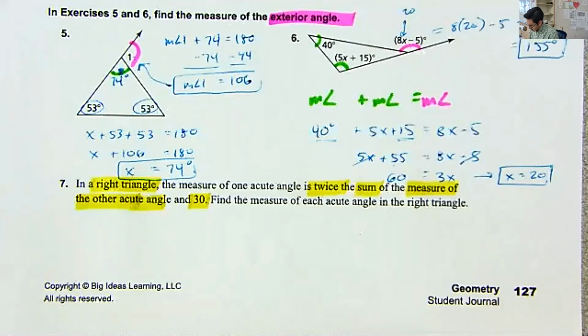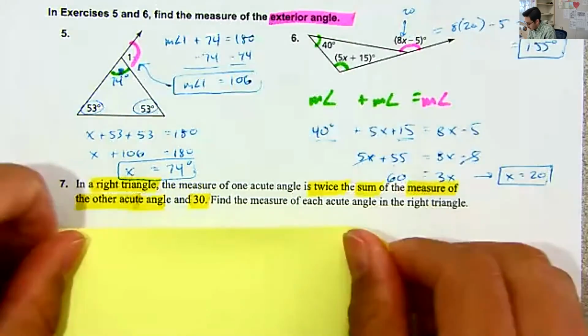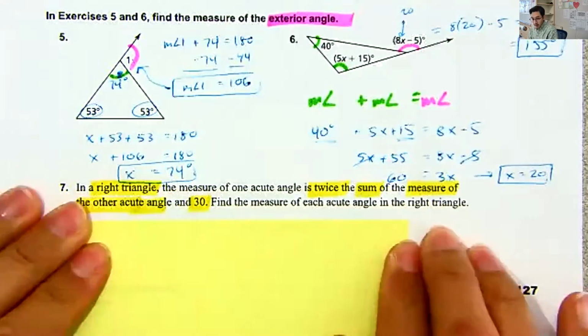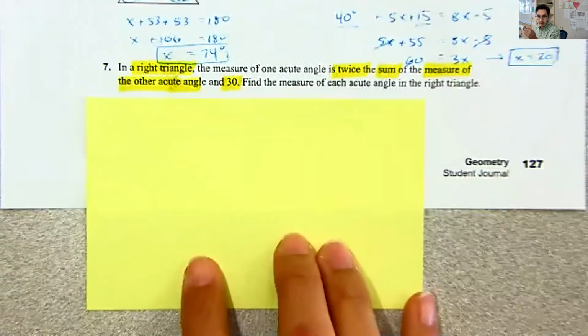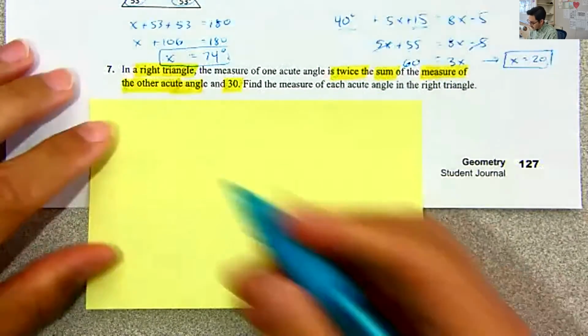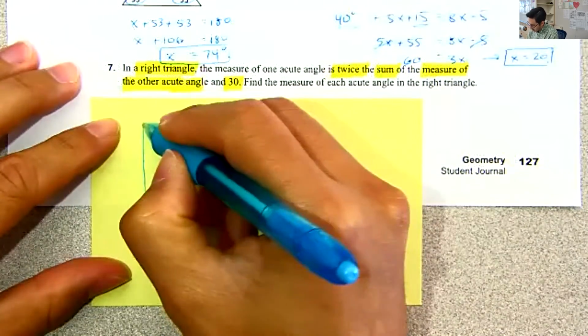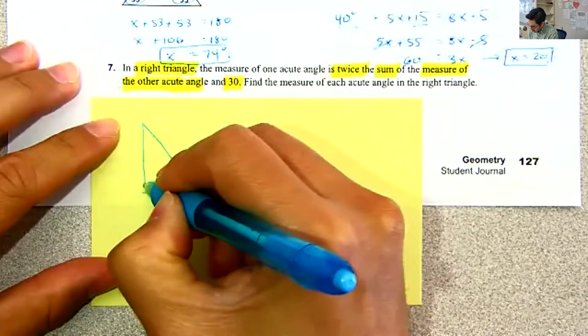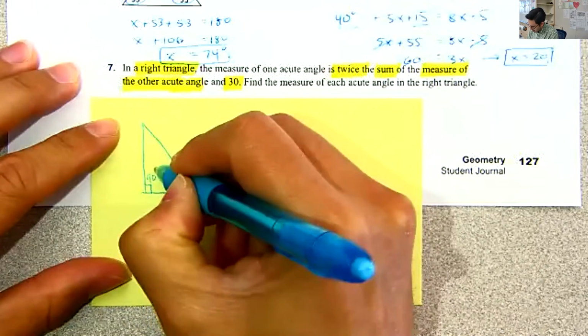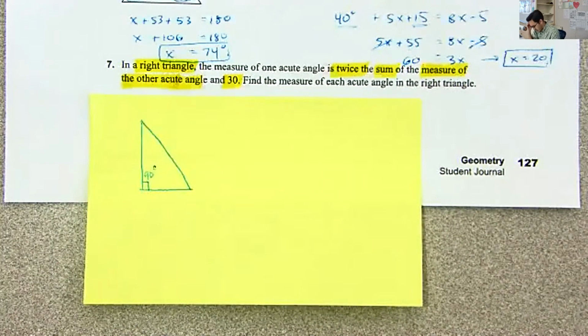Find the measure of each acute angle in the right triangle. I'm just afraid I'm not going to have enough space, so I just grabbed a Post-it. Let's draw a generic right triangle. So that's 90 degrees.